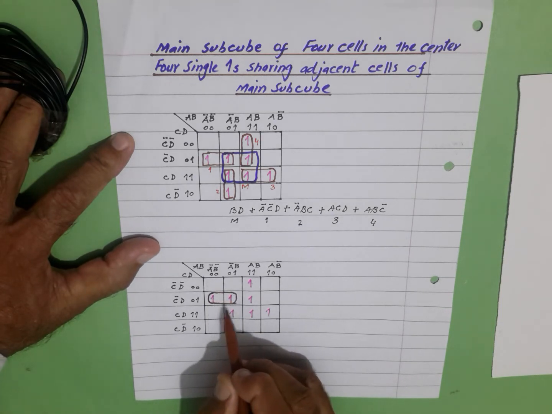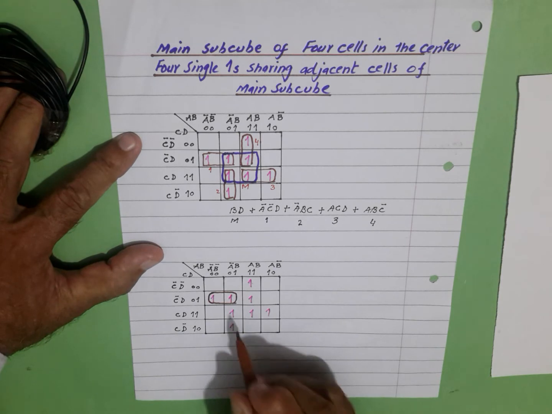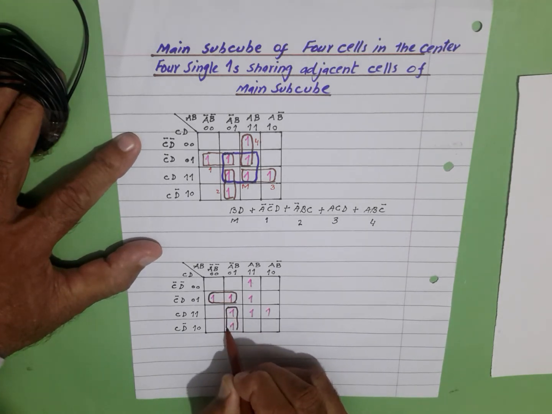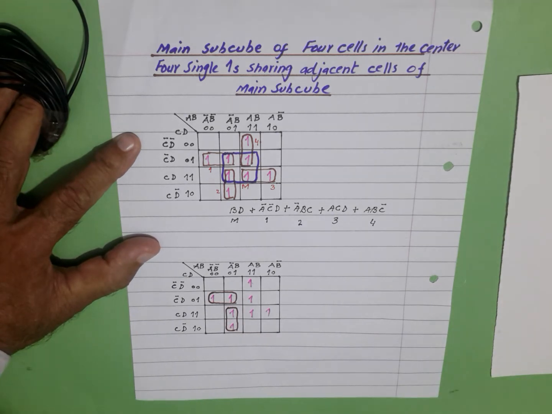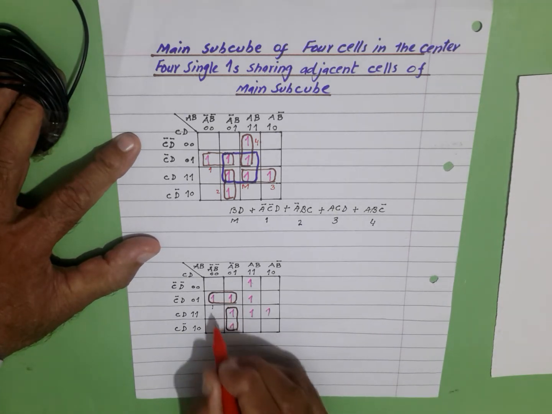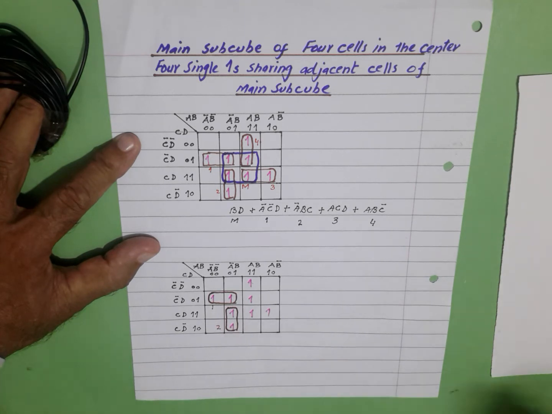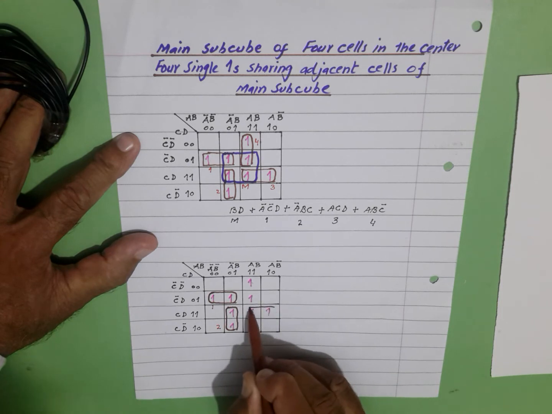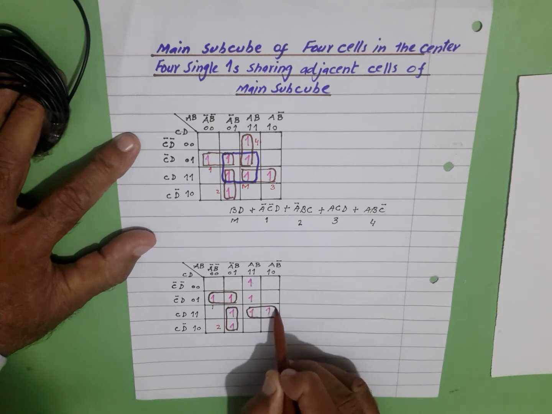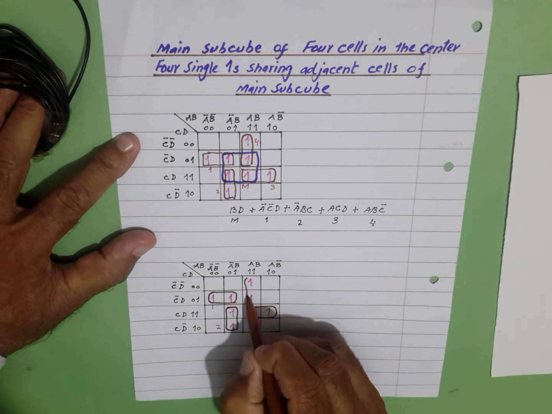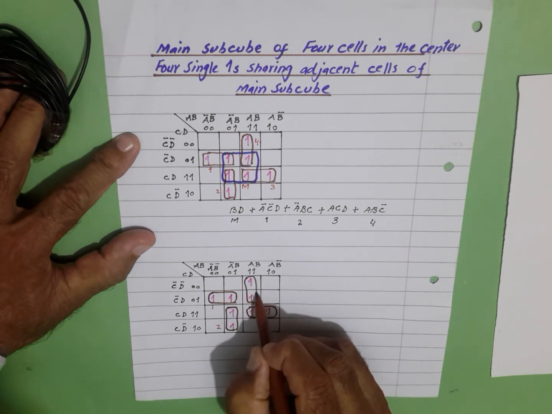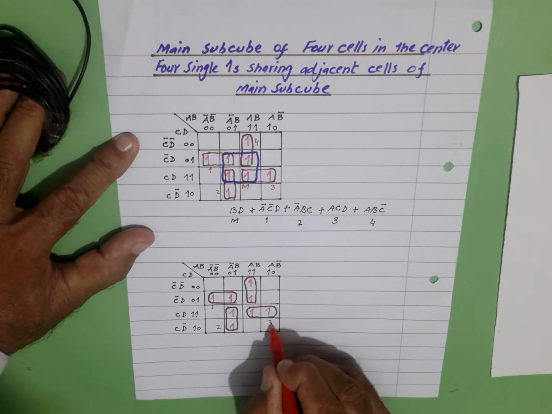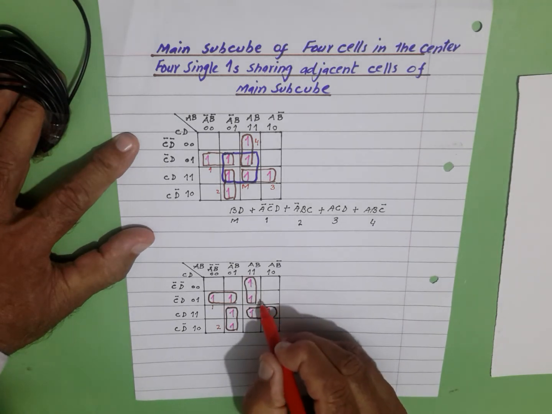This one can share with this subcube. Then this is first loop, this is second loop, this is third loop, this is fourth one.